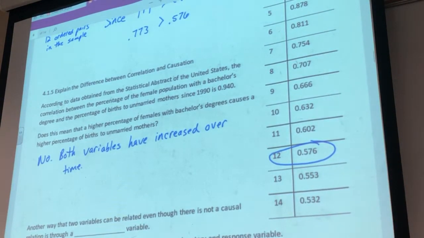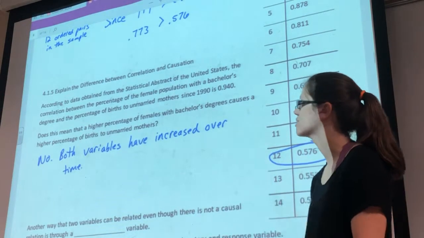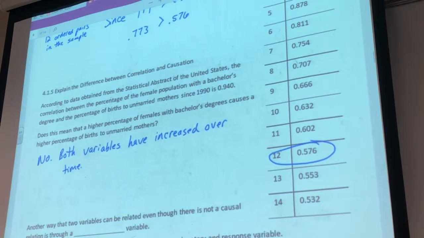So things that are completely unrelated, some people have a tendency to say they are related, but it's just both of them happen to be increasing as time passes, because now it's more common for women to get a bachelor's degree, and it's much more socially acceptable for unwed mothers to have a baby.